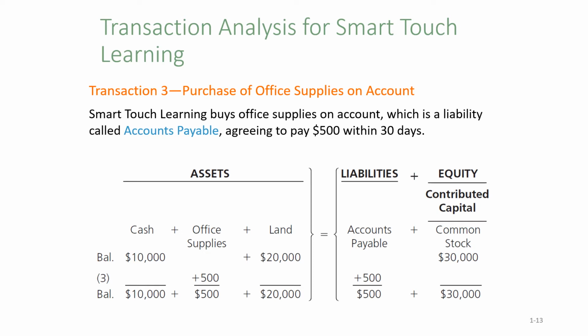It's a liability because, again, Smart Touch Learning owes the money. In this example, they are buying an asset of office supplies for the $500. So we are increasing our office supplies asset. We are also increasing our accounts payable liability account because we owe that money. So therefore our liabilities have gone up.